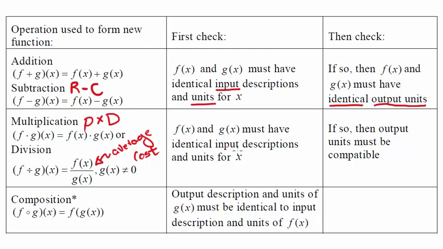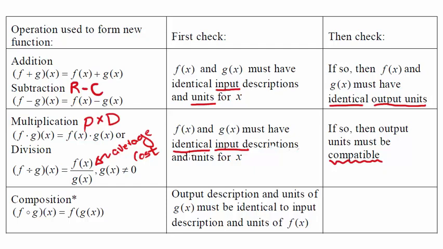When multiplying two functions, my input units must be the same. However, our output units must be compatible, meaning it makes sense to multiply these things. One thing that will help you when thinking about multiplication or division is to write out your units and see if things cancel.